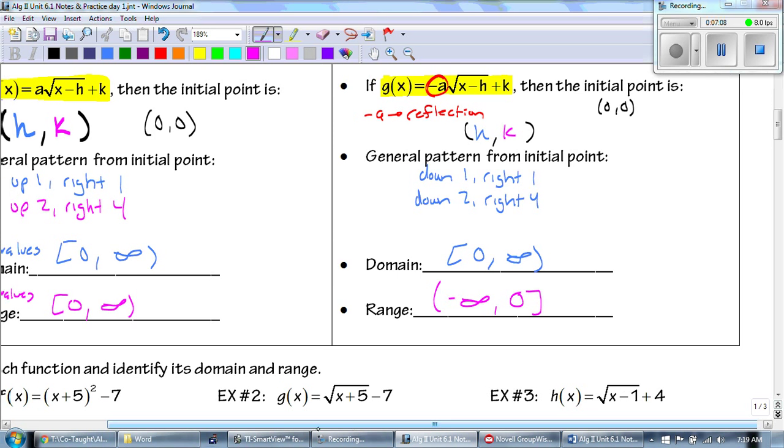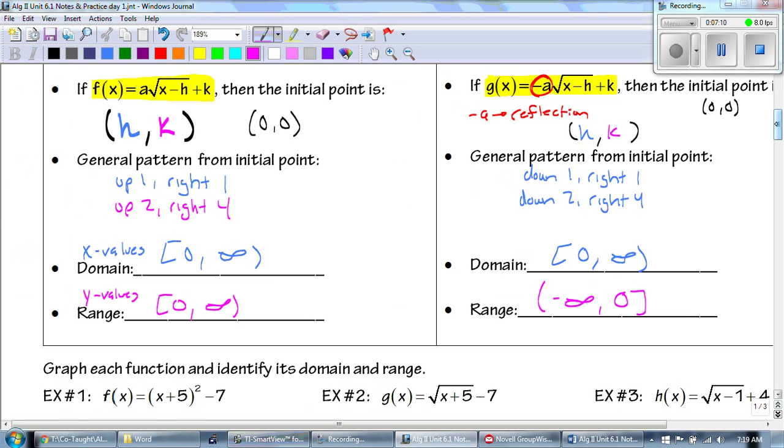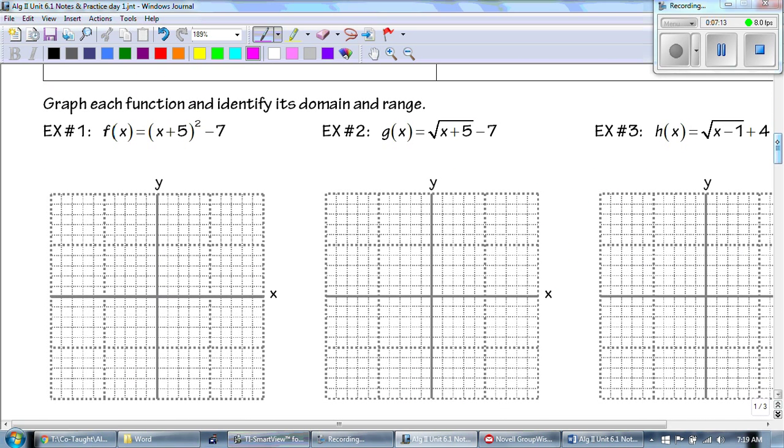Now what it's asking us to do is graph each function and identify its domain and range. What's up with this first one? It's a quadratic, it's a parabola, it's going up.